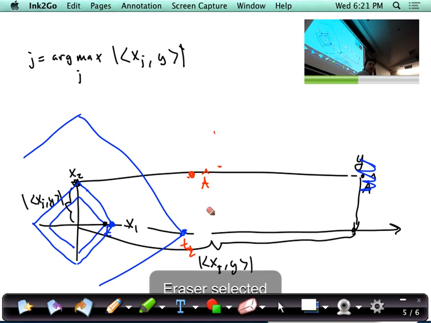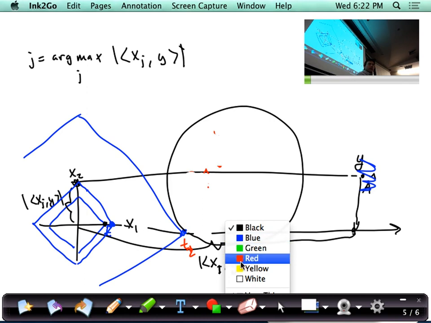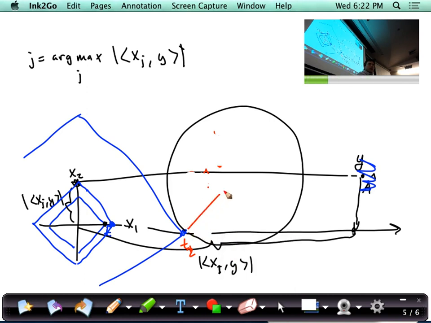Okay, let me try this again. I want to draw it so that if I draw a ball like this, and I put a hat here, at this point, if I use this value of t2, the closest point is still right on the corner.